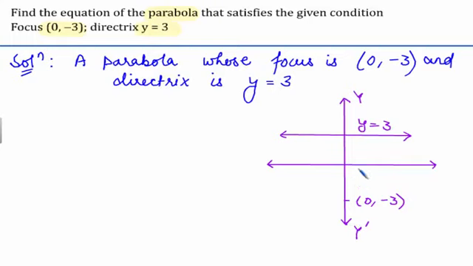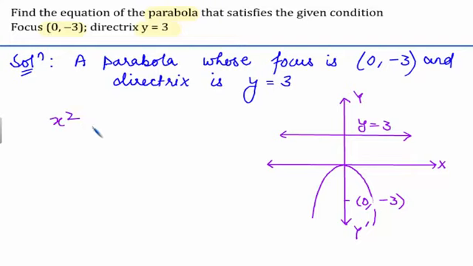Therefore, the parabola will open downwards, and we know that the standard form of the parabola which opens downward, or which has its directrix parallel to the x-axis, is given by x² = -4ay.